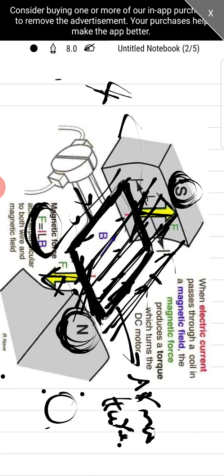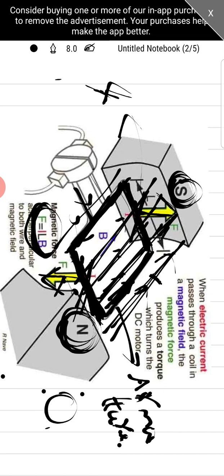Hence, whenever we pass current, this wire will rotate. We are supplying electrical energy, and this electrical energy is converted into rotational energy, which is nothing but a form of mechanical energy.